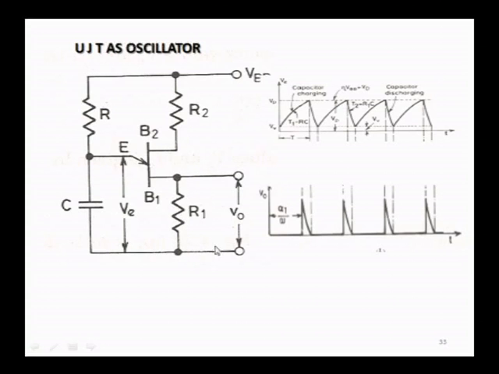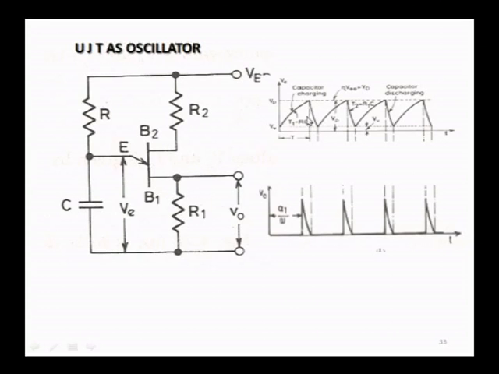Now, you can see the pulses here, they are available like this. The capacitor charges and discharges like this. Whenever it reaches the peak point, it keeps charging. This pumps the voltage here and this UJT will start conducting, and the discharge path is like this.